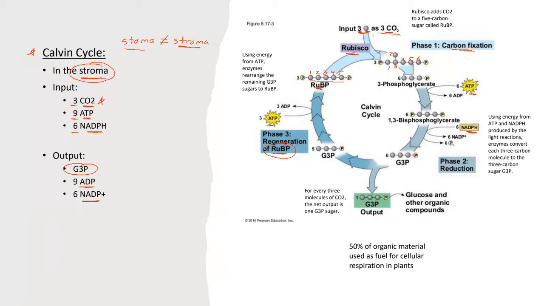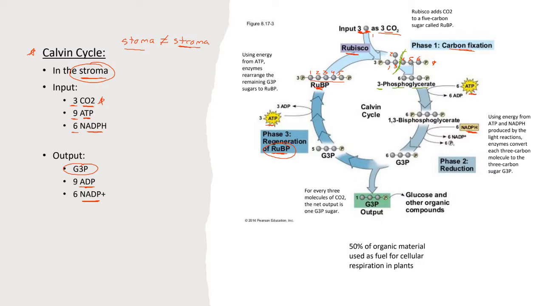But then something funky happens here. This molecule is too unstable. So what's going to happen, I'm going to do this with a different color really quick, it's going to break apart. So we end up with technically 2 molecules of 3-phosphoglycerate for every 1 carbon dioxide and 1 RuBP, right?